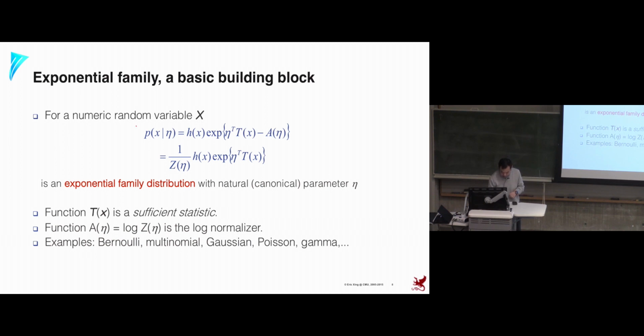So this is the definition of an exponential family. It has this very interesting structure, exponent of eta as a vector times T as another vector. T is a function of your random variable x. And T is known as the sufficient statistic, and eta is known as the natural parameters. Okay?